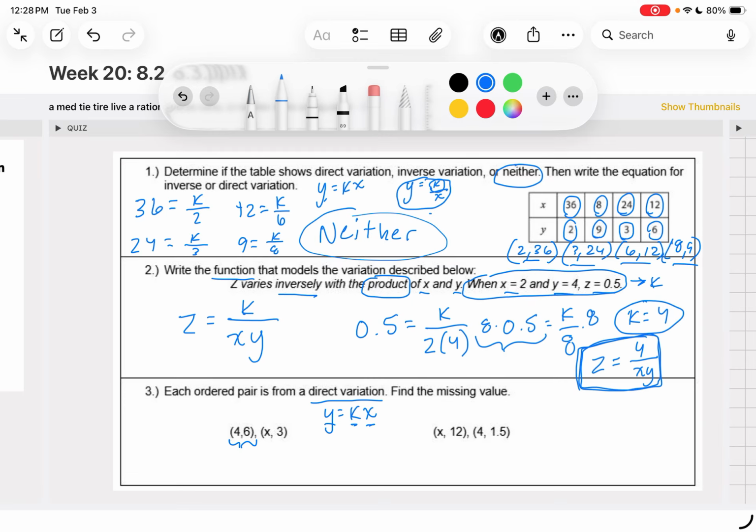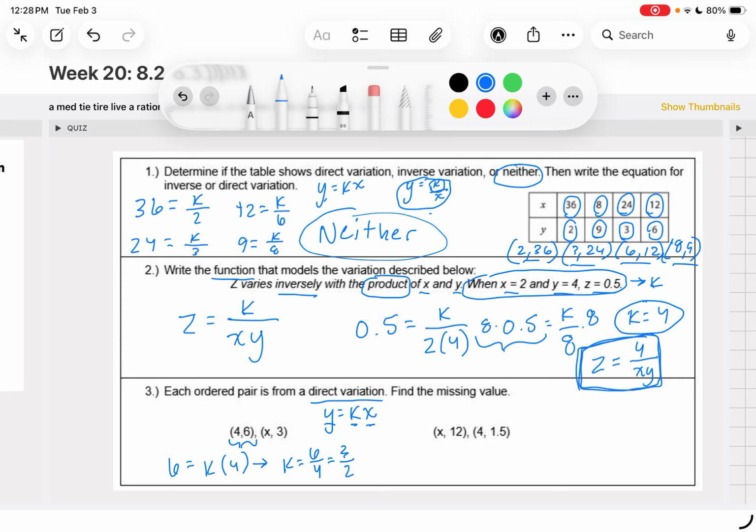We're going to use that in the direct variation formula, and that's going to tell me k. So I've got 6 equals k multiplied by 4, which means k is 6 divided by 4, which, if I divide the top and the bottom by 2, I get 3 halves.